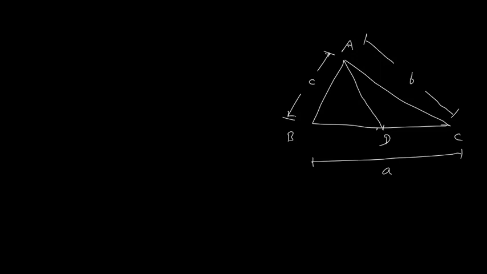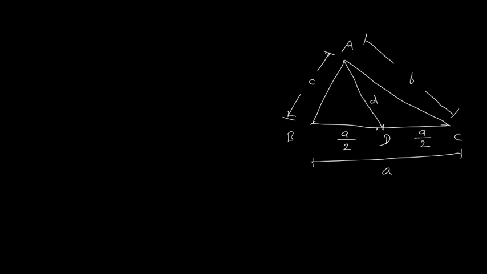Now this distance from here to here is equal to a divided by 2, and here also it is a divided by 2. And this length, let us take it as d. So we have to show that this AD is dividing into equal areas.